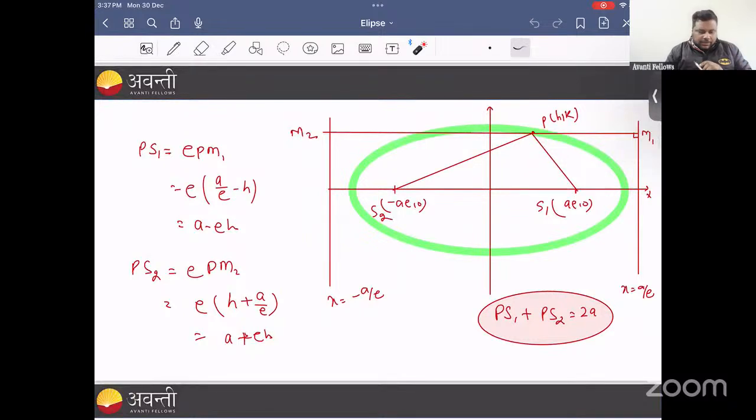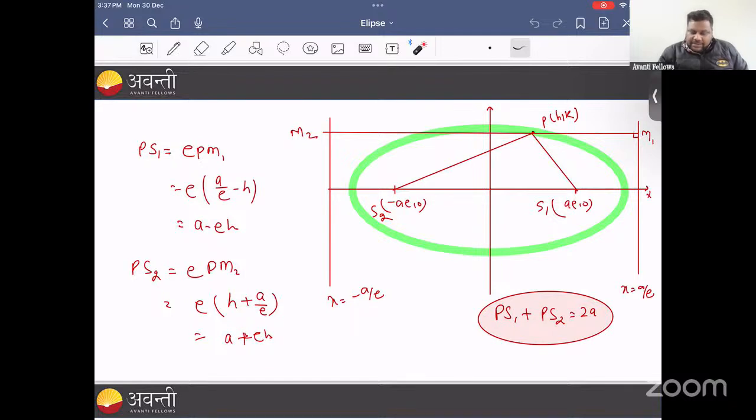Yeah, we have to continue with this only. Now see, there is a focal distance property of the ellipse. According to this focal distance property, PS1 is E times PM1. Distance from the focus is E times distance from the directrix.